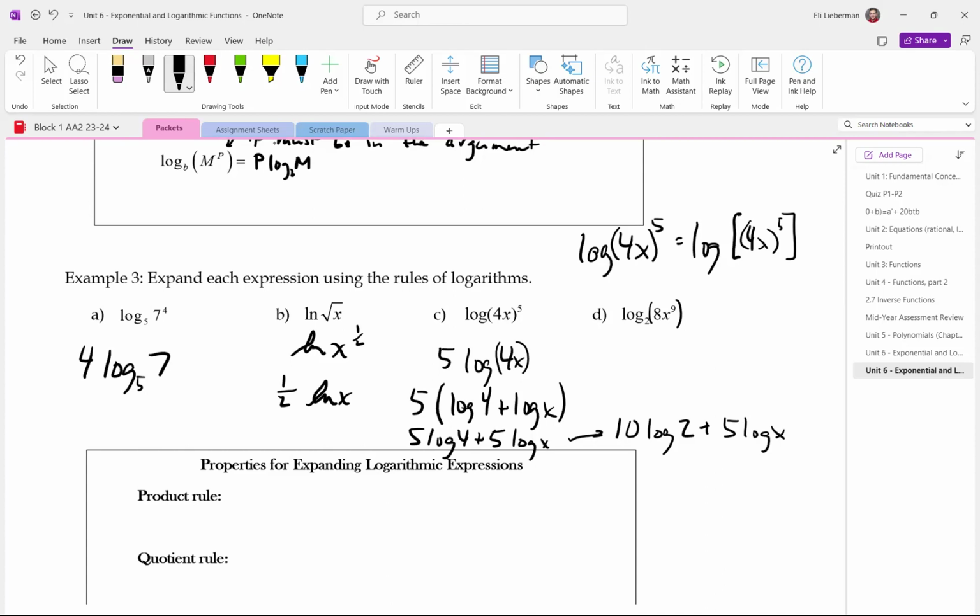There's a new problem. They had a little base. It looks like it's inside, but somehow it only applies to the 8, not the whole thing. It doesn't apply to the 8, it only applies to the x.